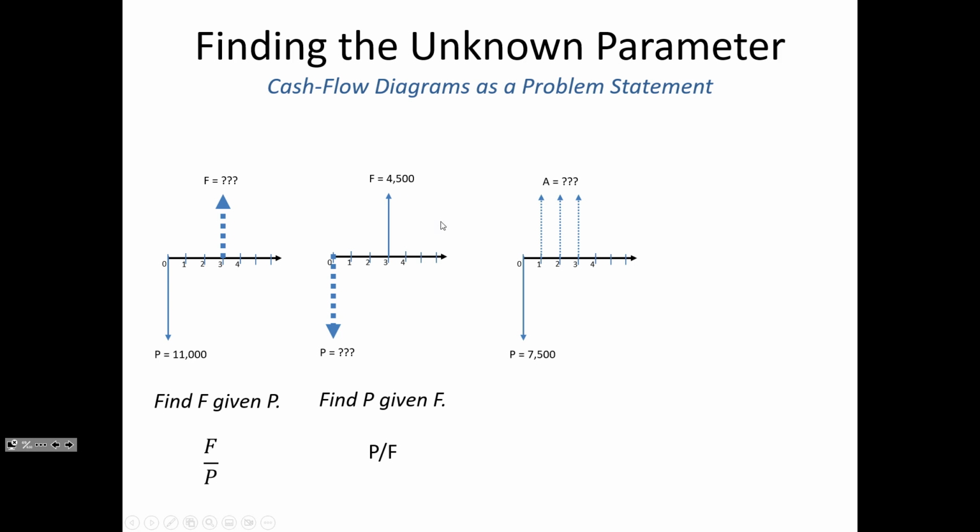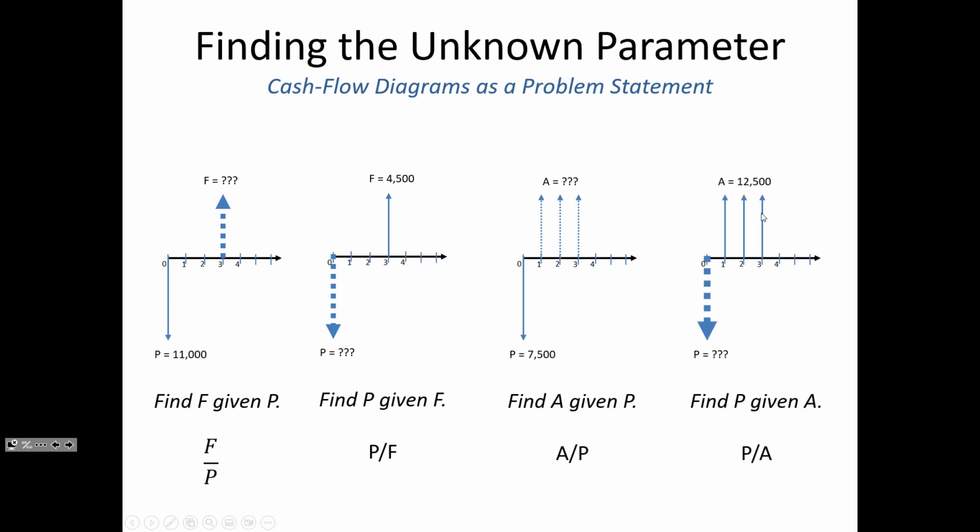And then finally, oh no, there's two more. Find A given P, or find P given A. So you just get in the habit of the thing that is unknown being in the numerator, and the thing that is known being in the denominator of these ratios.